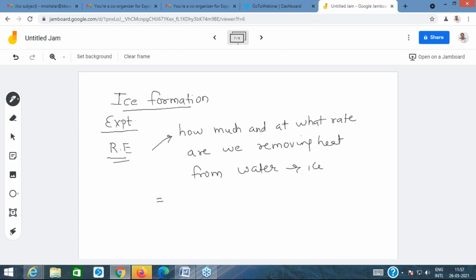So we have studied in physics that this water, which is at some ambient temperature, is ultimately brought to -4 degrees centigrade, which was the final temperature of the ice in our experiment.